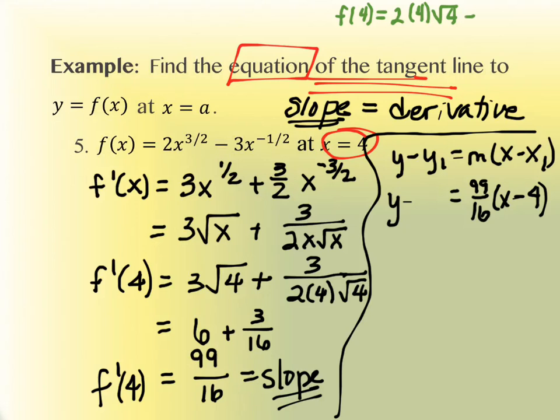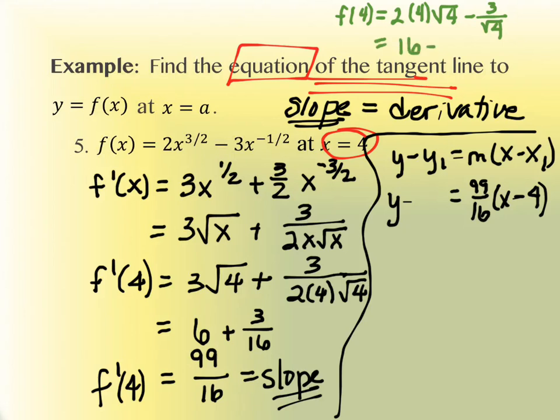And then minus 3 over the square root of 4, because I've got that power of negative 1/2, which is a negative exponent, so I can put it in the denominator with a positive.